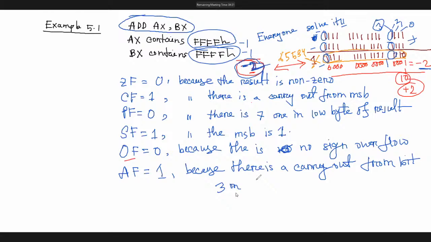4 bit is called a nibble. You can also say because there is a carry out from lower nibble to upper nibble.